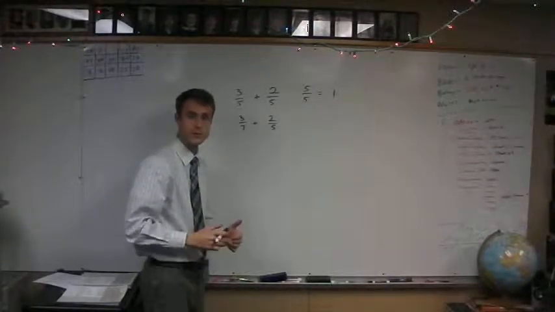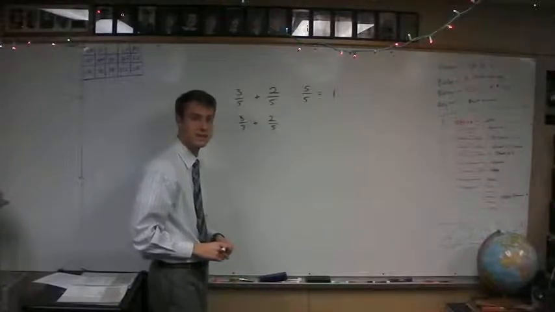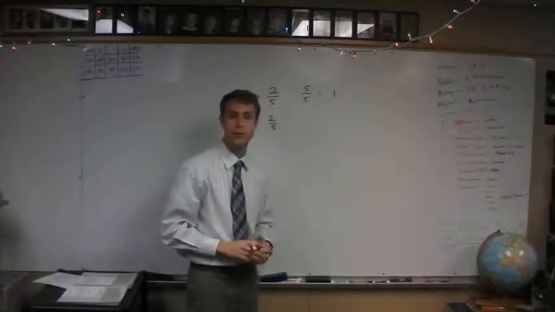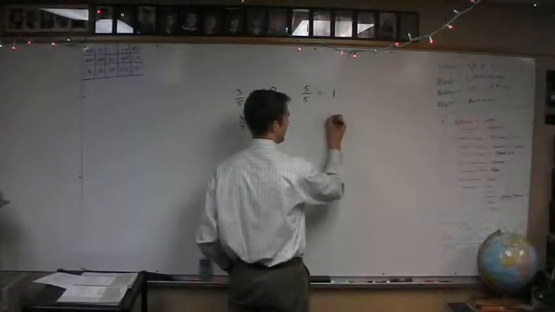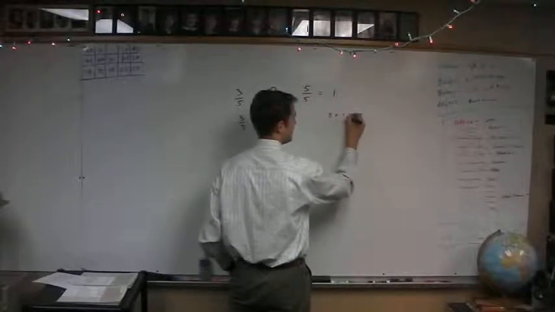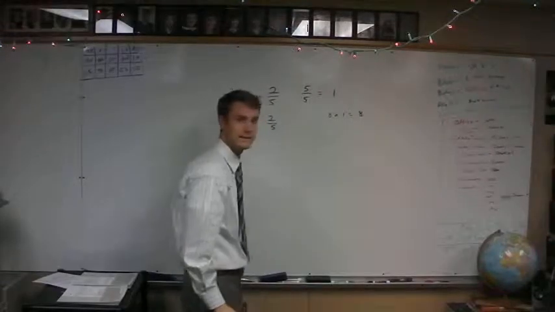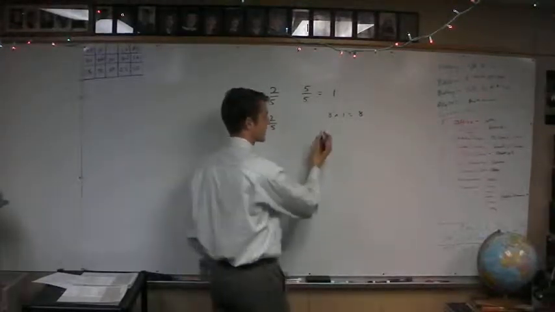Now remember, our identity property of multiplication says as long as I multiply something by 1, I have the same number. For example, if I multiply 8 times 1, my answer is still 8. This applies to fractions.